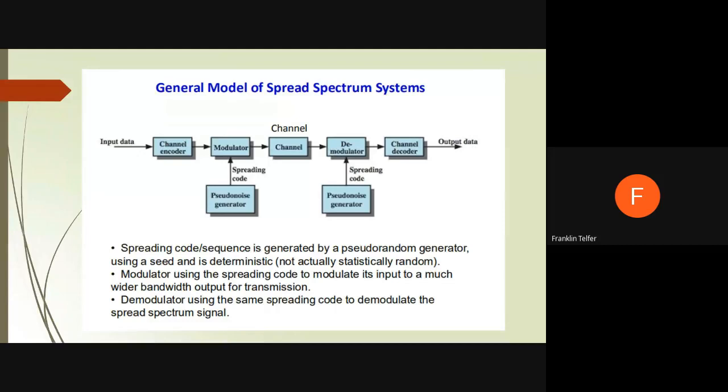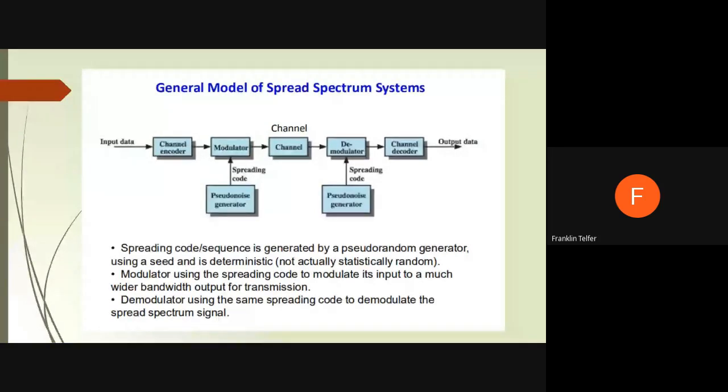The demodulator uses the same spreading codes to demodulate the spread spectrum signal. So the same spreading codes are used for the modulator section and the demodulator section. That ensures that any hackers or anyone intermediate on the channel will find it difficult to decode the data. This is one of the widely used techniques to send signals via a channel.